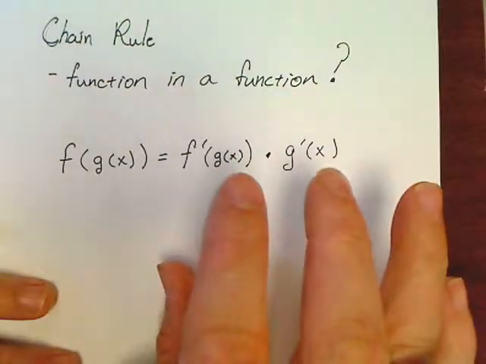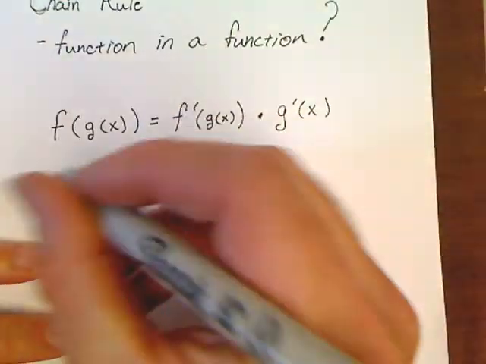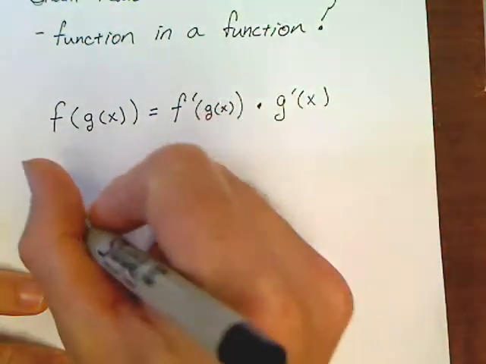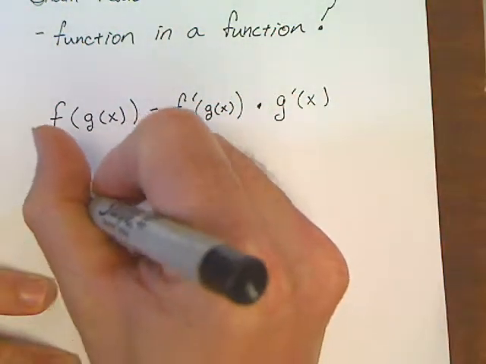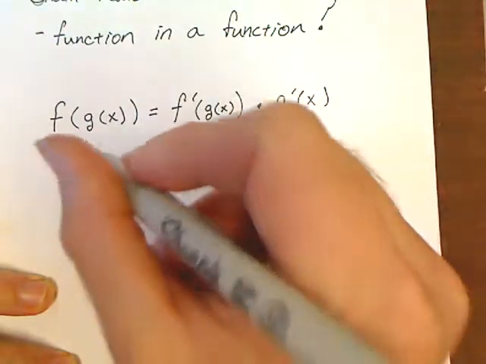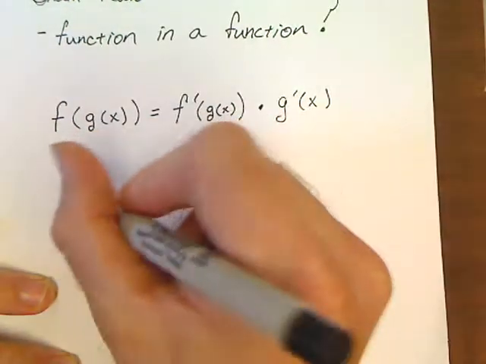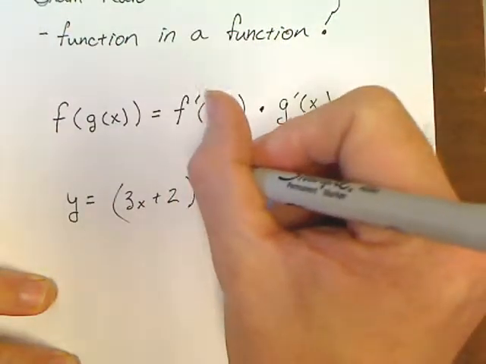So the best thing I know to do is let's just do a couple of examples. So I'm going to do just 4 examples here, maybe 5. So let's do this one first. This would be a very basic one. y equals (3x plus 2) to the 5th power.